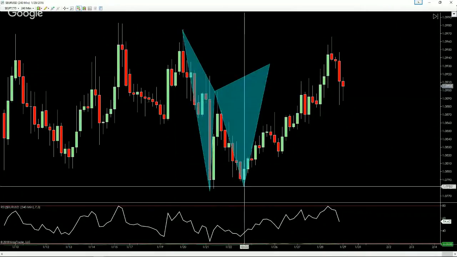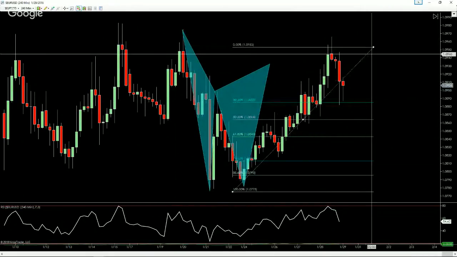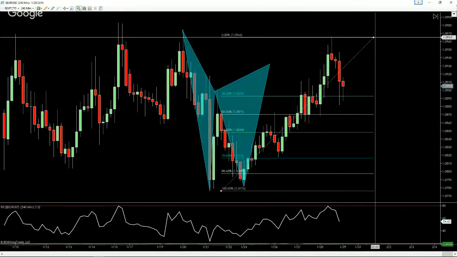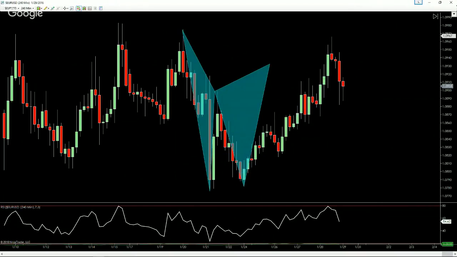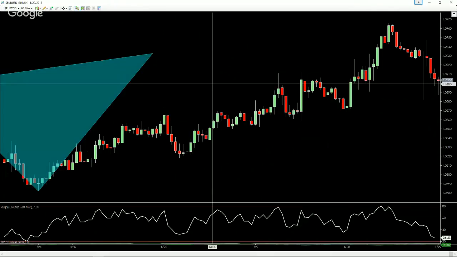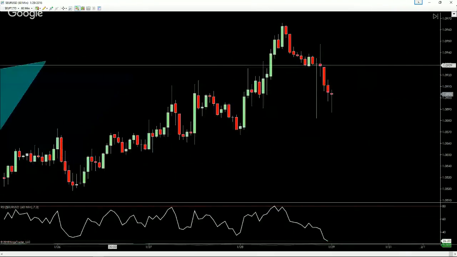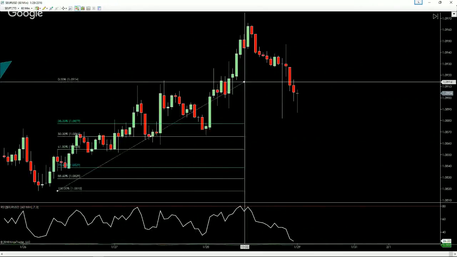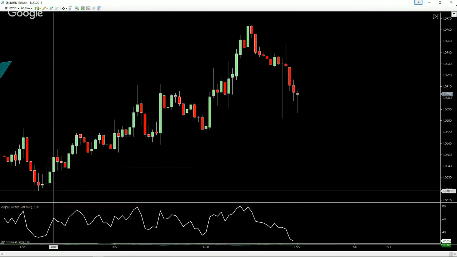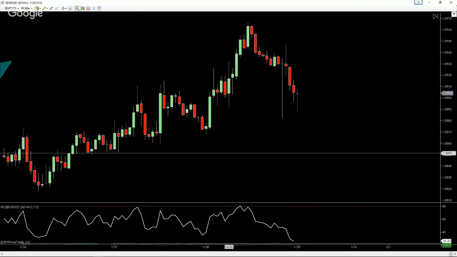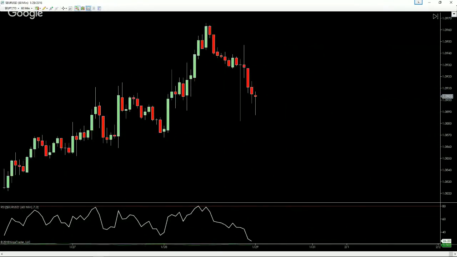We are still waiting on targets on that pattern. So actually, yeah, we're still waiting for target 2s for that pattern. So that's the reason why I still have that there. 60-minute. See if we have any opportunities. Not quite.